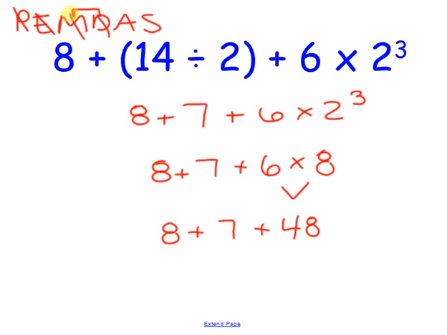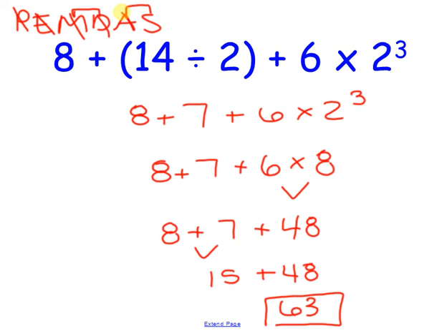And then I have addition and subtraction in order from left to right, but I don't have any subtraction, I just have addition. So I have 8 plus 7 is 15. And then 15 plus 48 is going to be 63. Cross out my addition, subtraction.